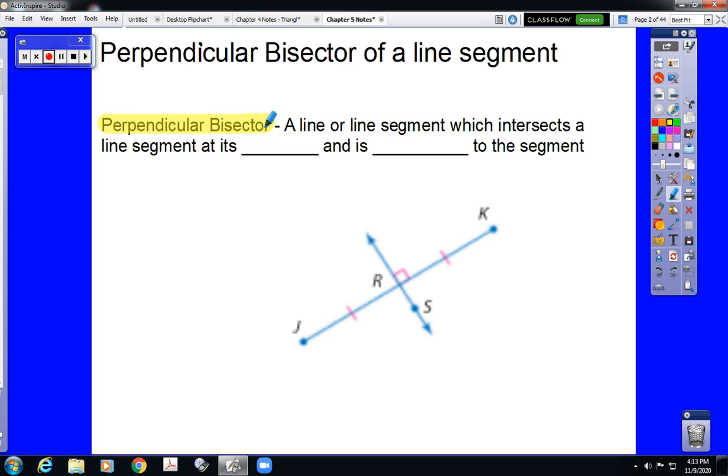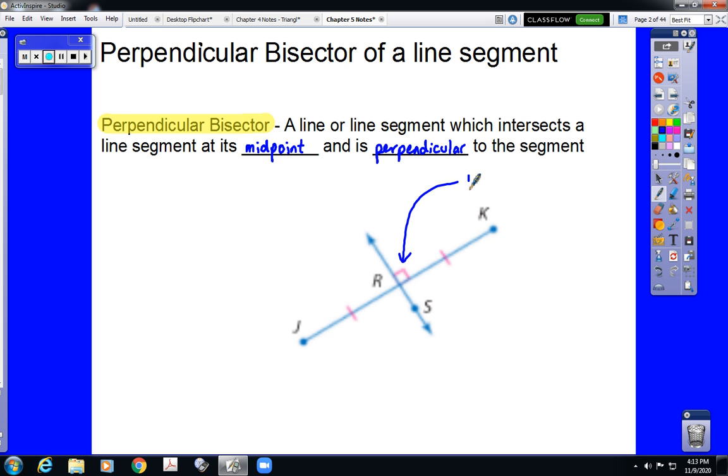Now, perpendicular bisector, well, that's a little bit more specific of a term. So a perpendicular bisector is a line or line segment, does not include planes, which intersects a line segment at its midpoint, hence the bisector part. If it intersects at the midpoint, it is bisecting that line segment, and is, get this, perpendicular to the segment. Okay, so it has two things that have to be true about it. One, we have to see boxy.